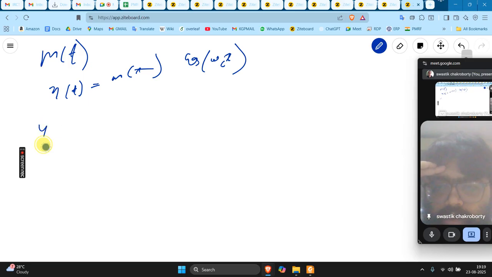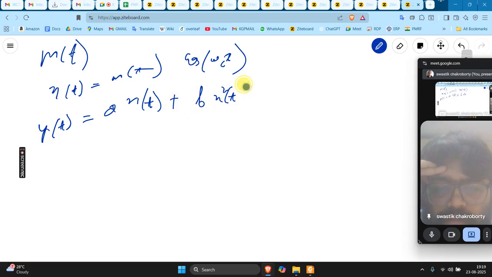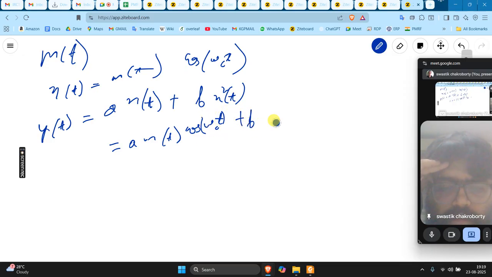Now there is a square law device which gives us y(t) is equal to a x(t) plus b x squared(t). So this is a m(t) cos omega c t plus b m squared(t) cos squared omega c t.